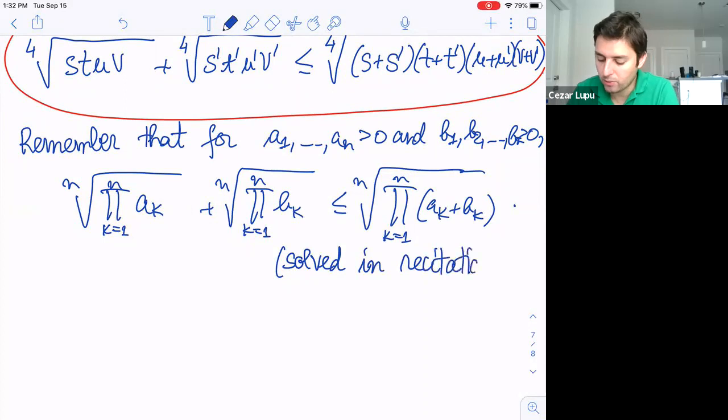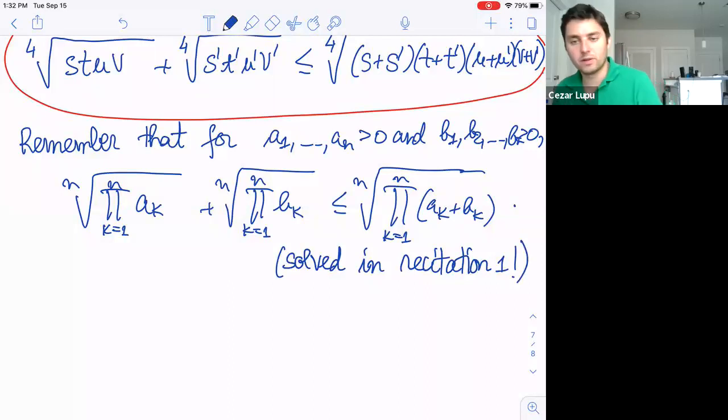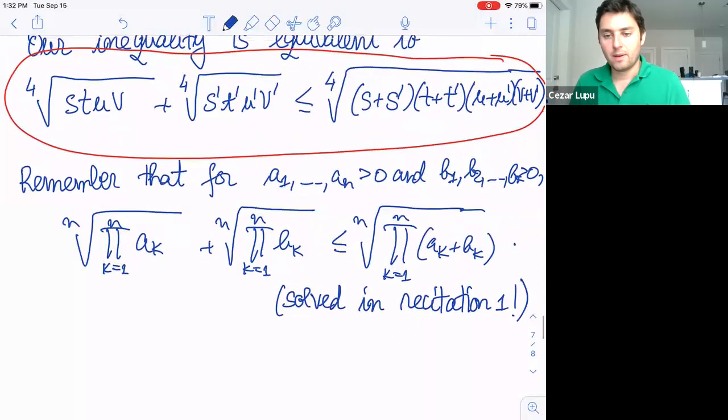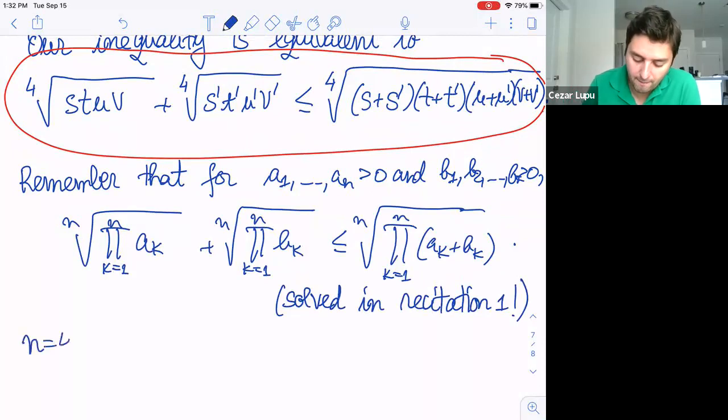In fact, I think it was one of the second problems that I solved. If you look at the videos, I solved it. Well, does the inequality follow immediately from this one? Well, for n equals 4, what do we get?